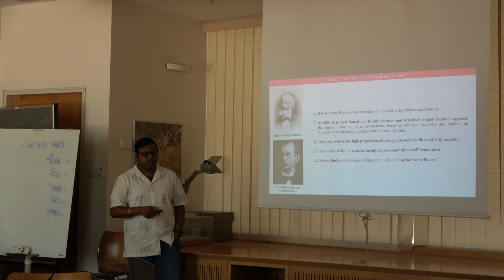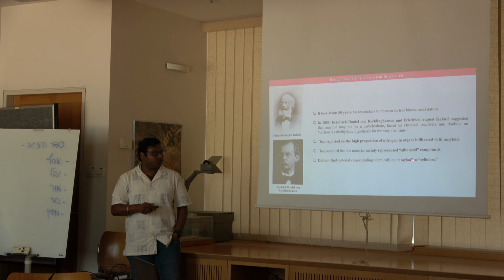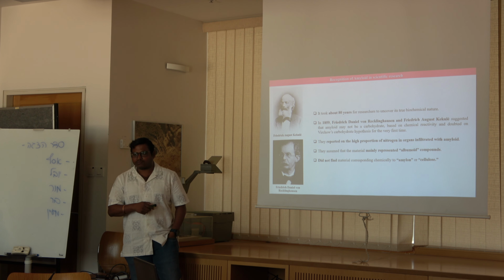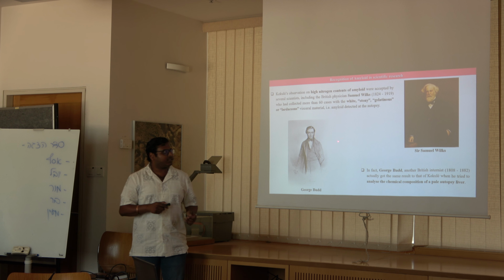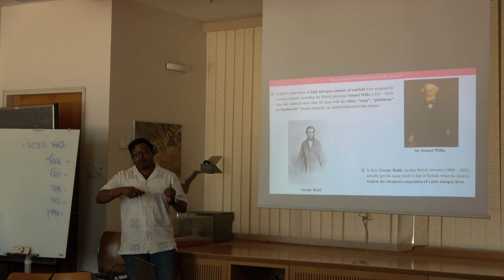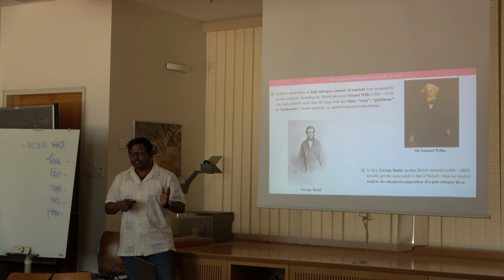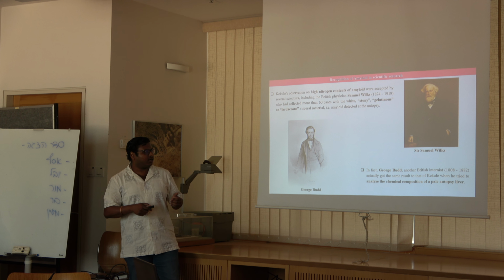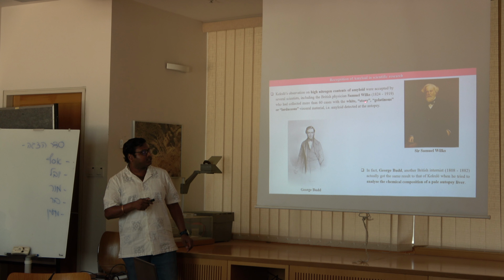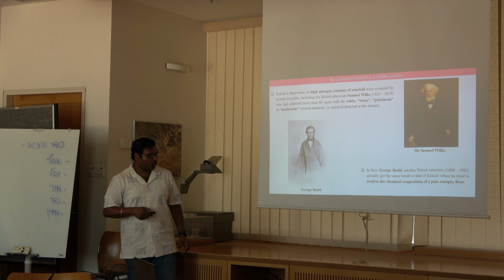They did not find anything like cellulose or carbohydrate in those substances. This is the first time when people went out of the box and thought that these amyloids might not be carbohydrate-like, but nitrogen-containing proteinaceous substances, and this was supported by several other scientists like Samuel Wilks or George Budd later also.